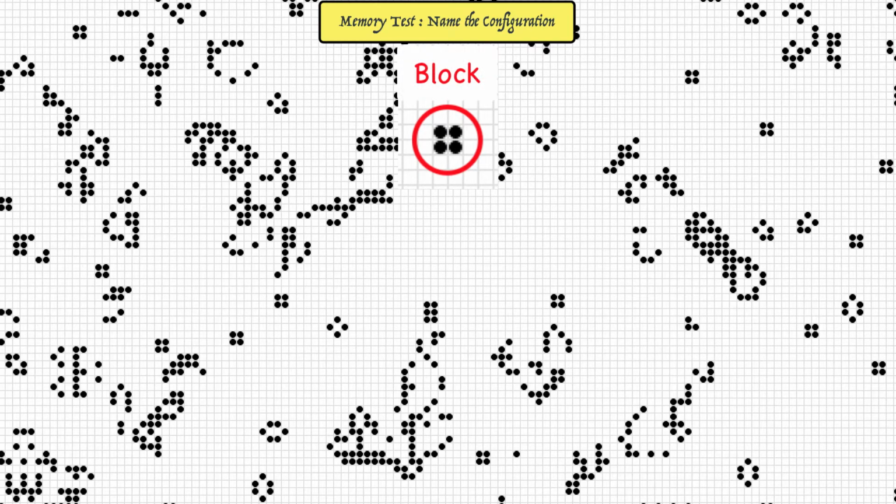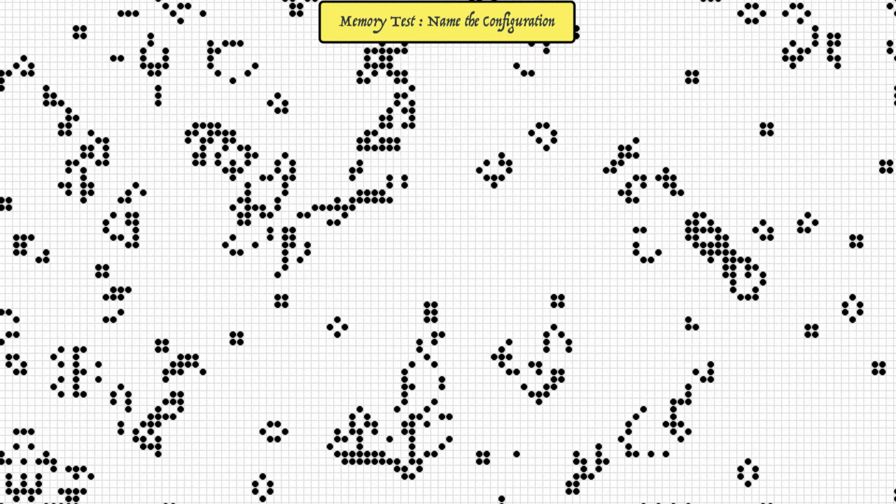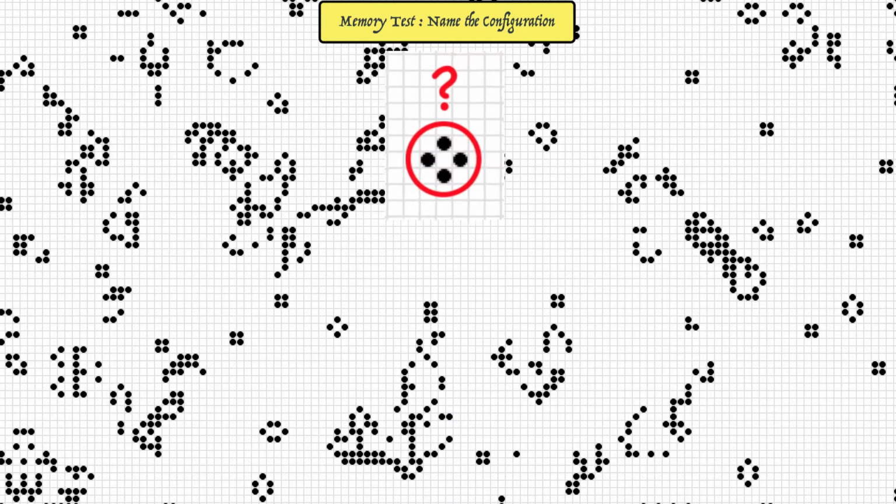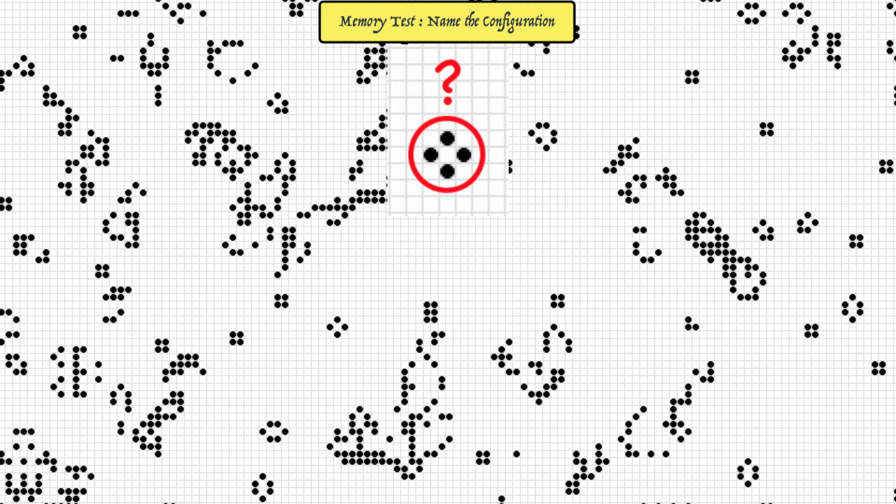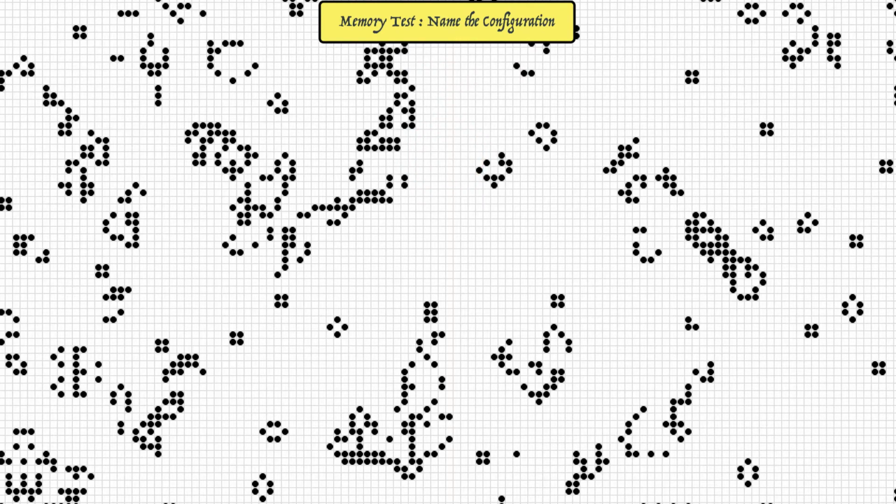And that's the block. Second one. That's the tub. And number 3, down at the bottom there.